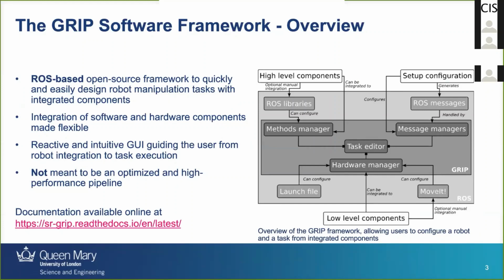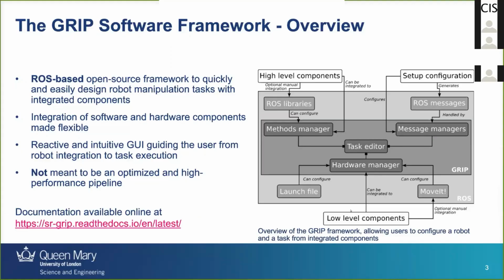So for instance, you can use Moveit to interface your own robot directly from a Moveit package that you might have already to GRIP, or use launch files that are usually provided by the manufacturers to start or launch a robot or a sensor. You can also integrate the components to GRIP with minimal overhead.